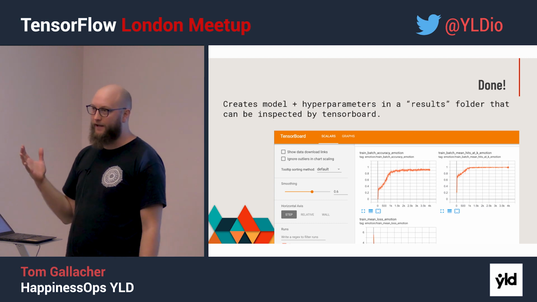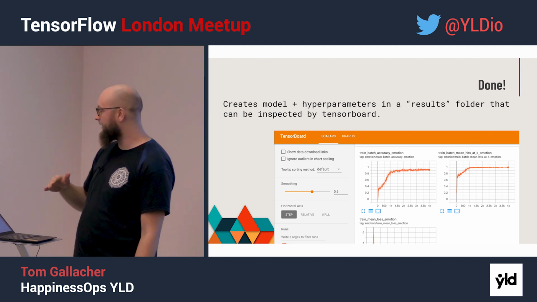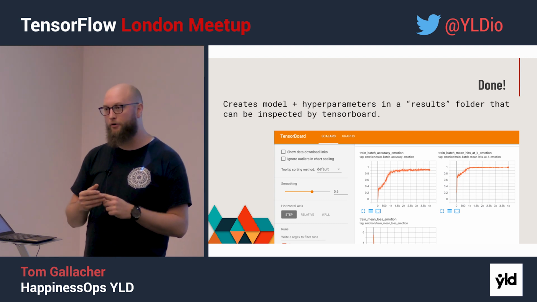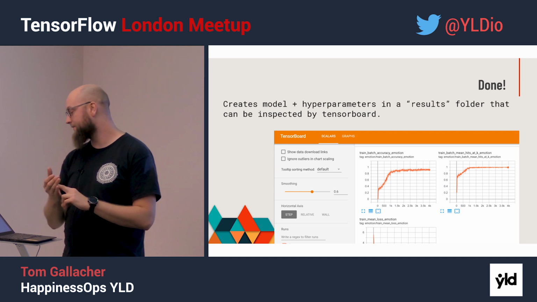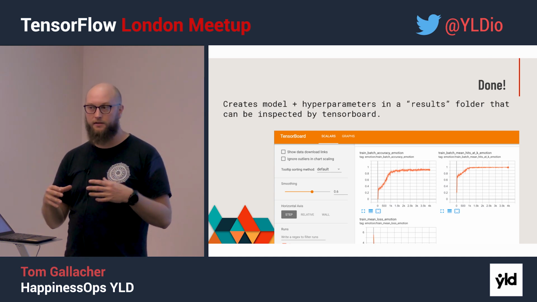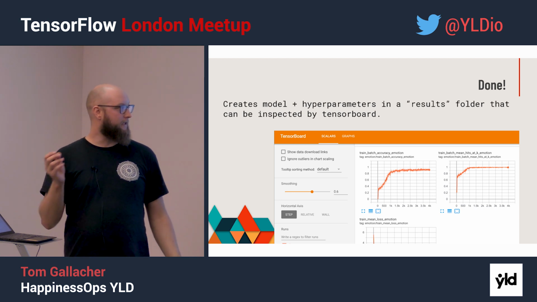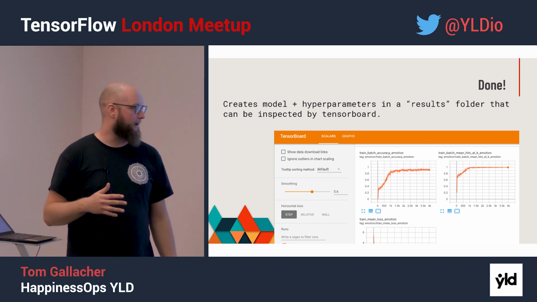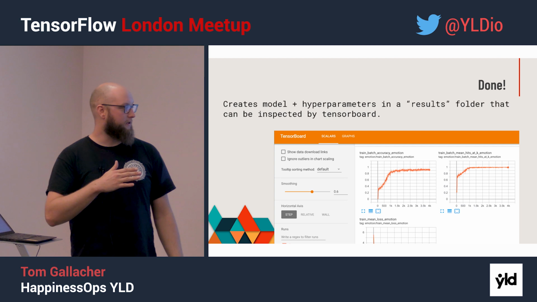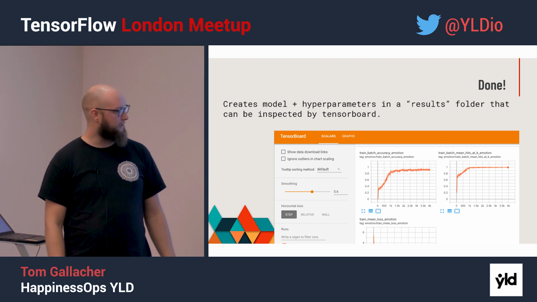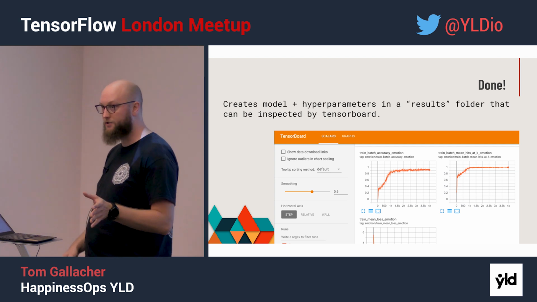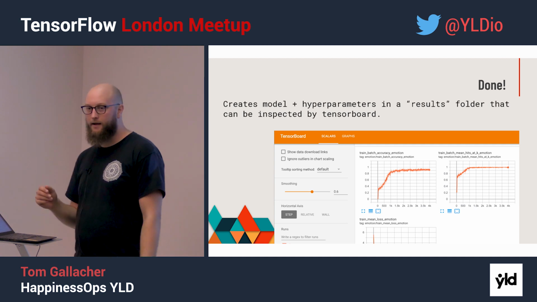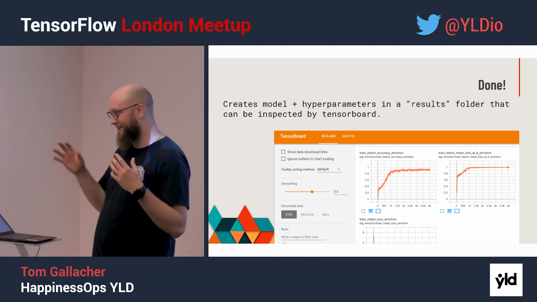So to prove that it is actually using TensorFlow underneath, it creates a model, creates a load of hyperparameters, and places it in a results folder. So you can use TensorBoard to see the training rates, the accuracy over steps, etc. And there's a lot more details and visualizations that Ludwig allows you to pull out. I don't understand most of them, so let's not talk about that.